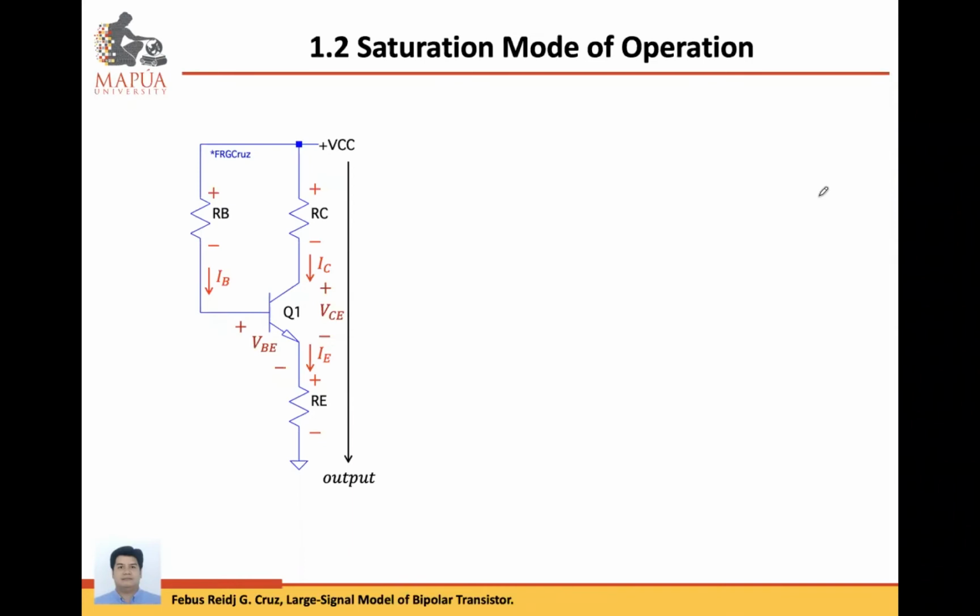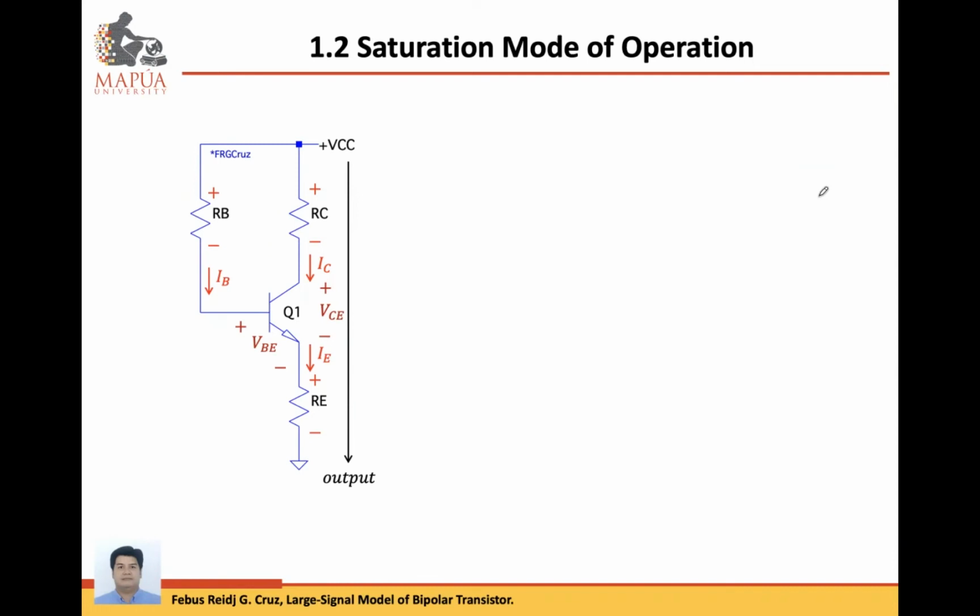So normally it is the maximum current if we are referring to the transistor. So saturation mode, again, is the operating condition where the transistor has already reached the maximum output current. So ibig sabihin, kahit lakihan mo pa yung input current, the output current will no longer increase. Kasi na-reach mo na yung maximum.